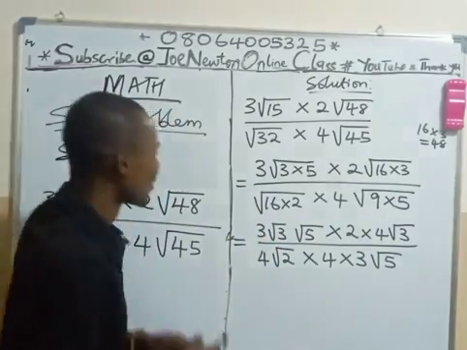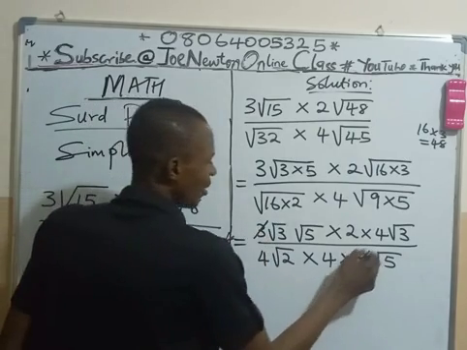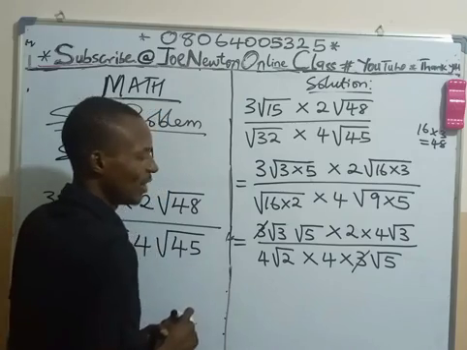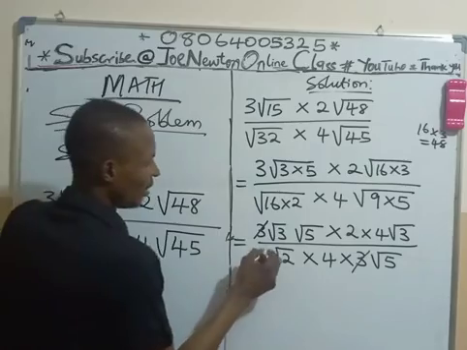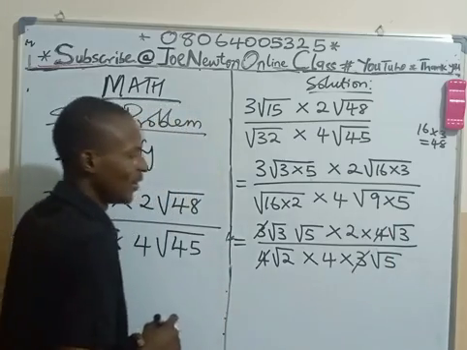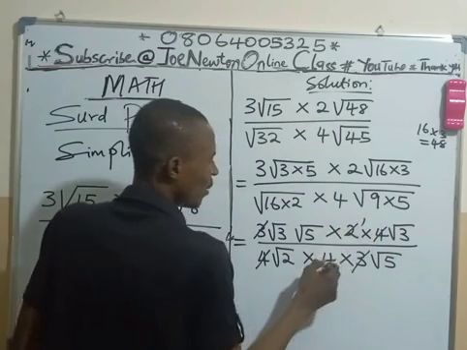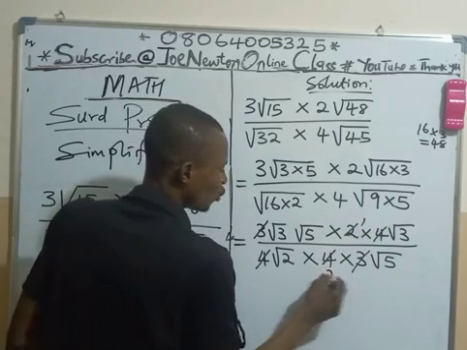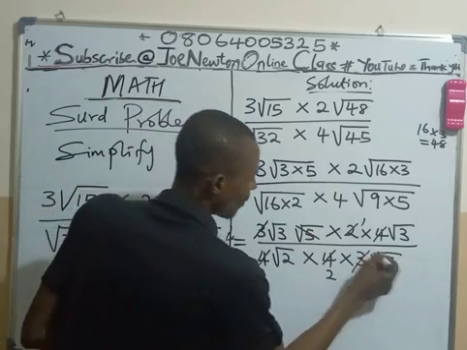Very simple. So looking at this, this 3 here can kill this 3 here. You see it? Then this 4 here can kill this 4 here. Then these 2, one of them divides this 4 here, and we have what? 2. Then we see that this root 5 can kill root 5 here.